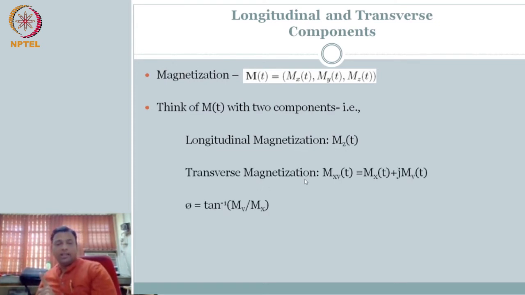The other we will call transverse magnetization, which is Mxy of t. That is the magnetization vector on the floor, which of course has Mx and jMy. It's a complex variable. And of course the phase of that is given by tan inverse of My by Mx.